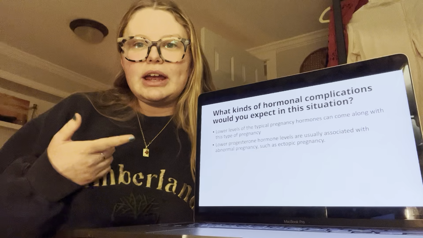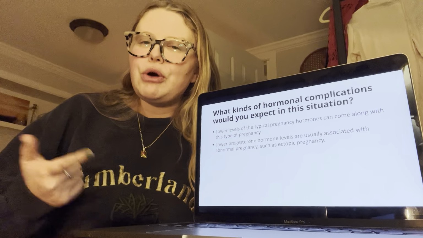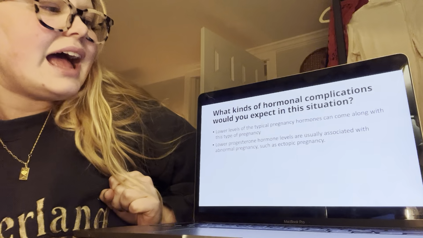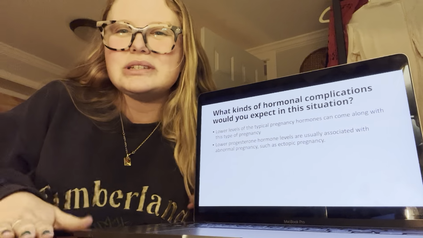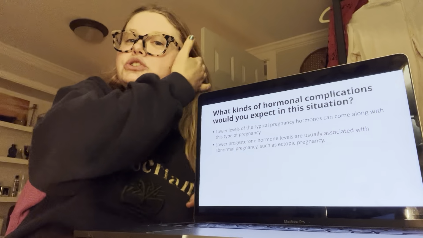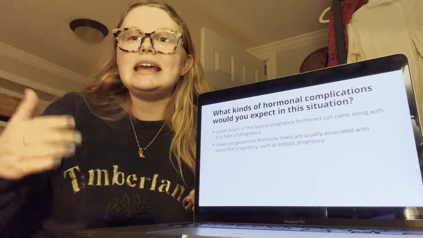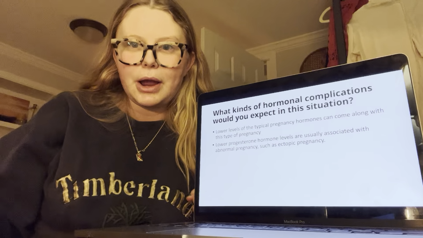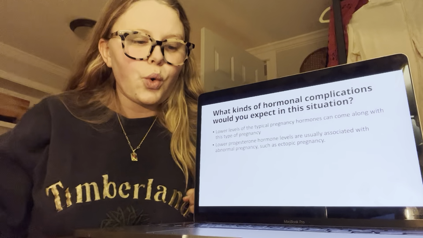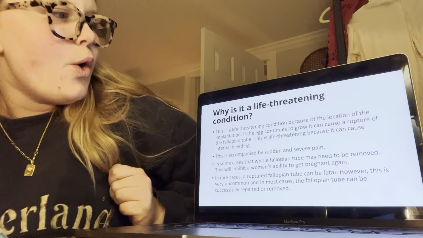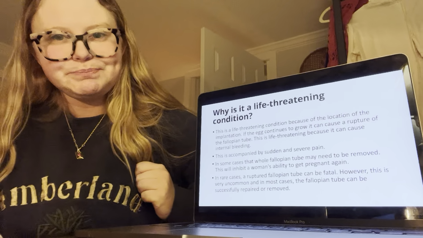But sadly, during ectopic pregnancies, progesterone levels are lower than normal, and that can cause these abnormal types of pregnancies. Low progesterone can cause other types of abnormal pregnancies, but it is a direct link to ectopic pregnancies and that hormone being low. Next, why is it a life-threatening condition?